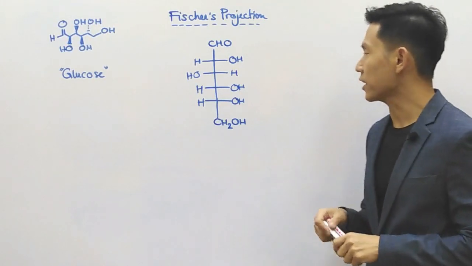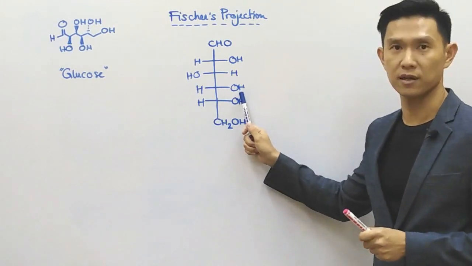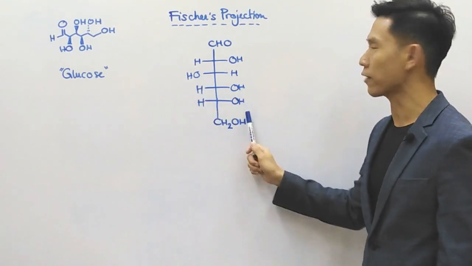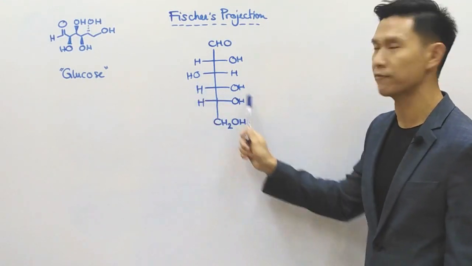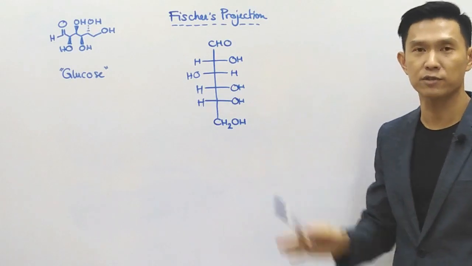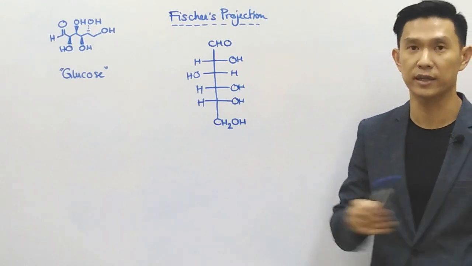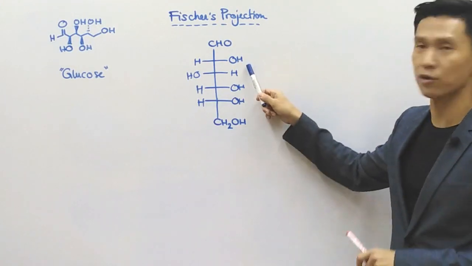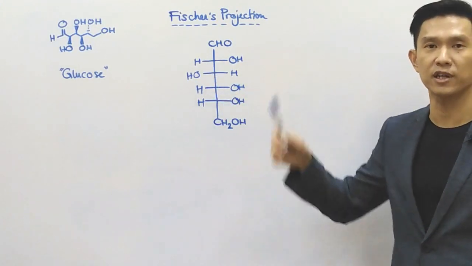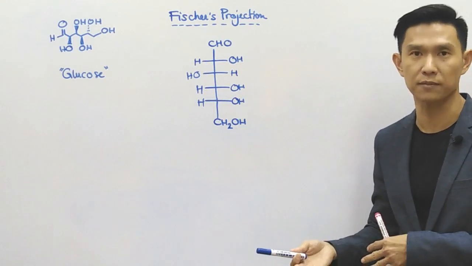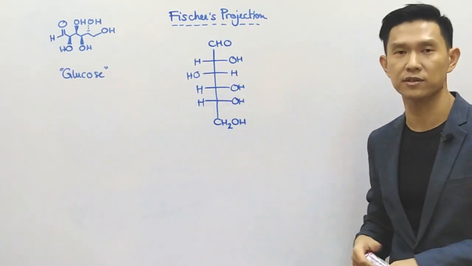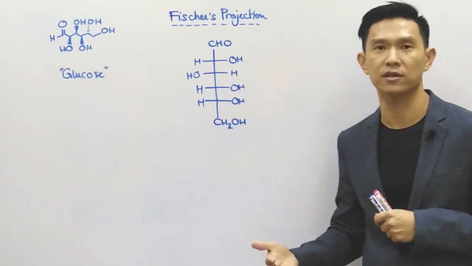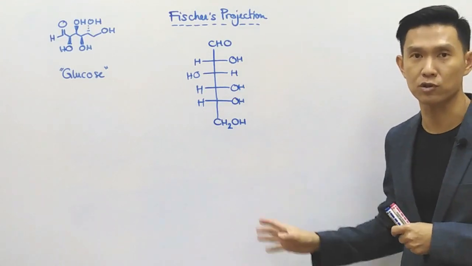Let's say we swap the OH here from right to left. So instead of right, left, right, right, it will be right, left, left, and right. So the name changes to galactose, as I already talked about before. Or if I change the first OH to the left, the name changes to mannose. So there are several possibilities, exactly 16 possibilities, so we have 16 different stereoisomers of glucose.